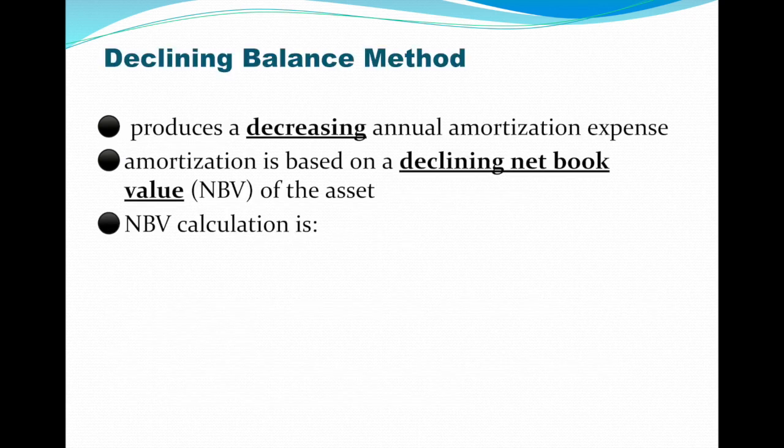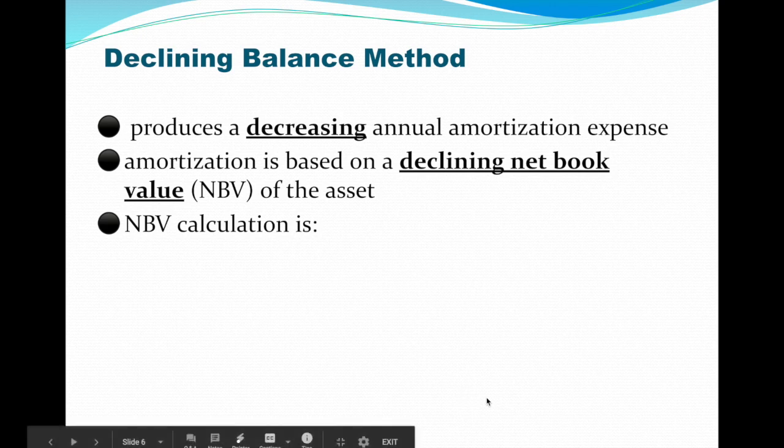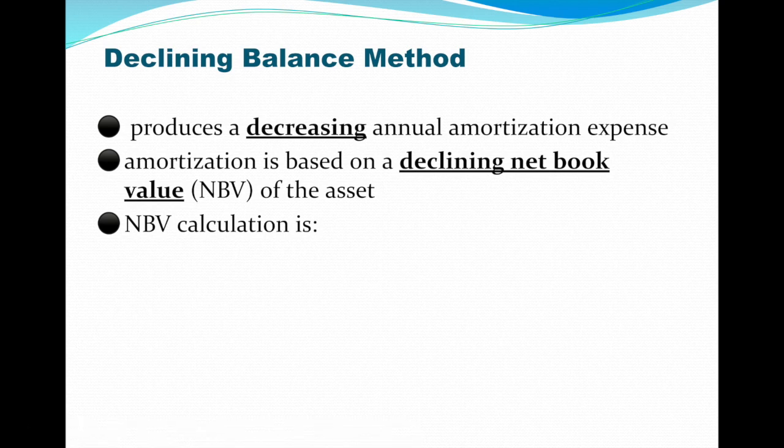So the declining balance method is method number 2. And it's called that because it produces a declining or decreasing annual amortization expense. The reason for that is that amortization is based on a declining net book value, rather than just the original asset's cost.